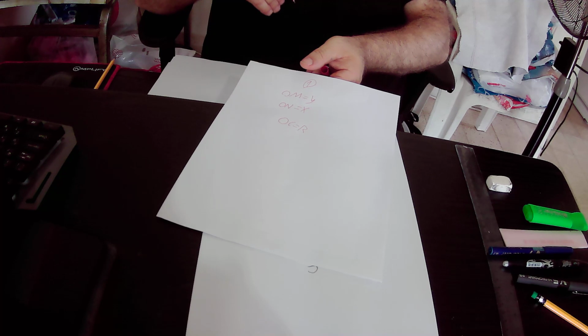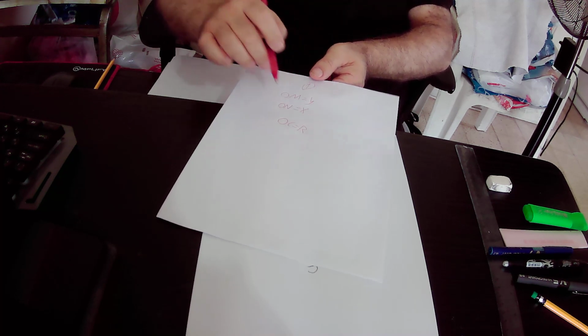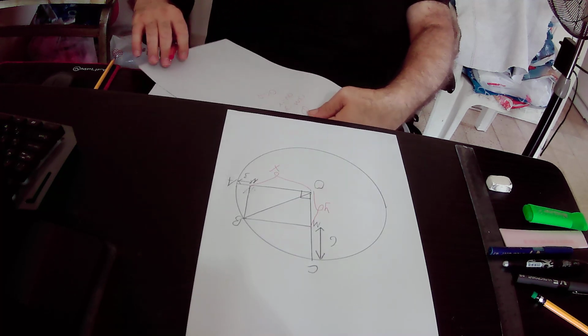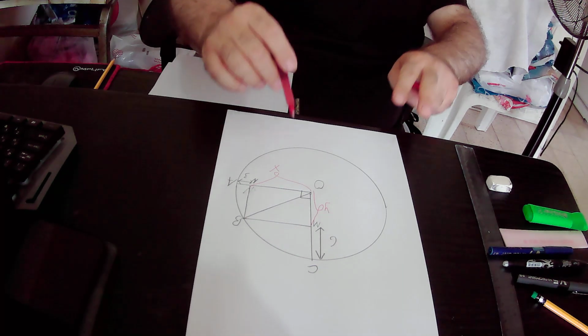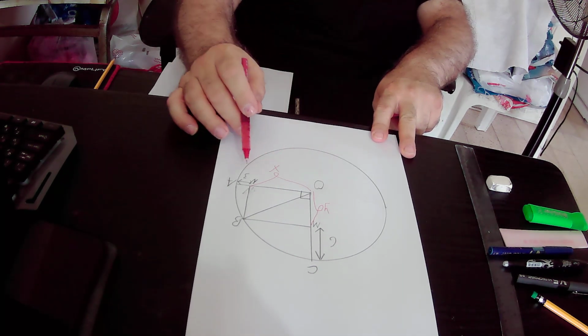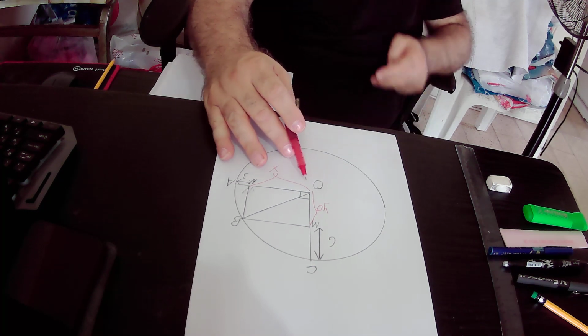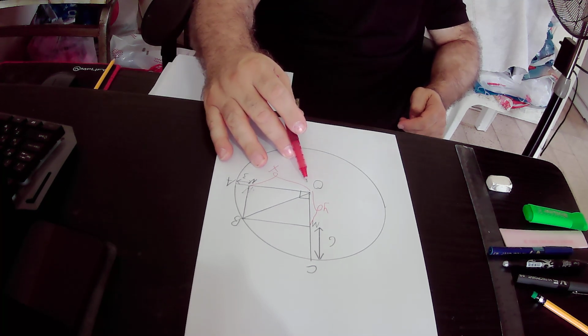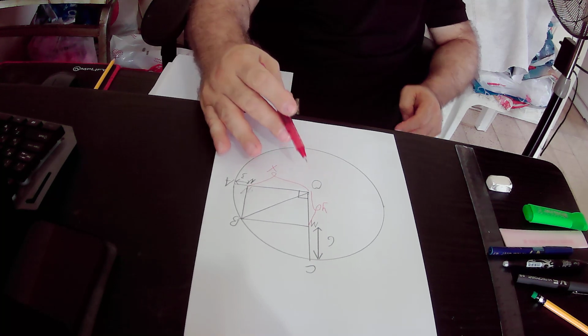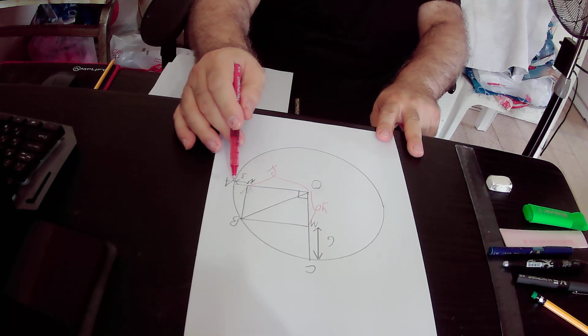Okay, line segment OC equals the radius of this circle, and also line segment OA or AO is also the radius of this circle, for the same reason, because it starts from the center of this circle, that is to say from point O, and ends at point A, that is a point on the circle itself.